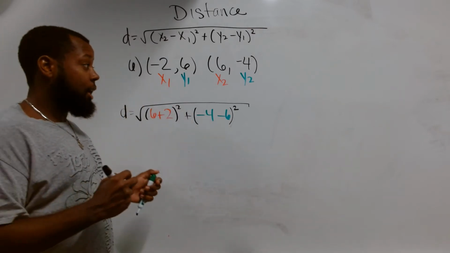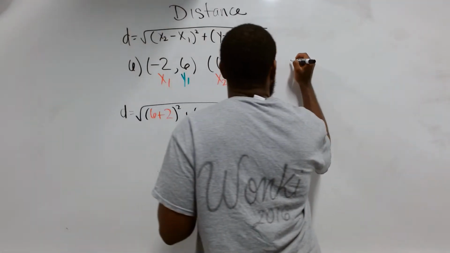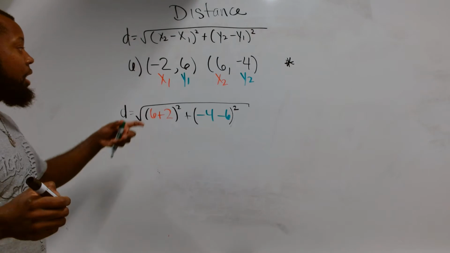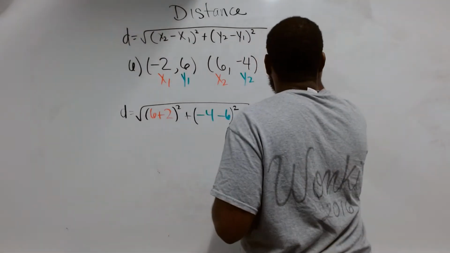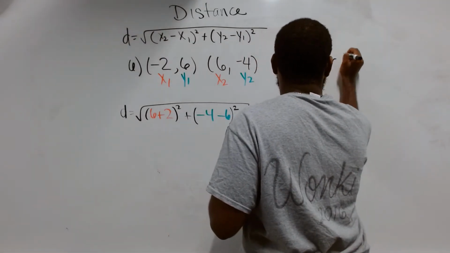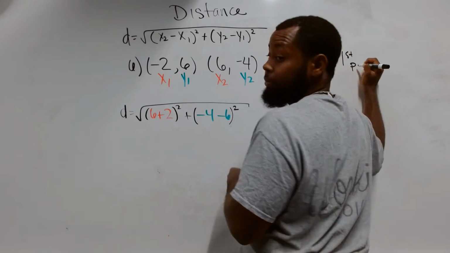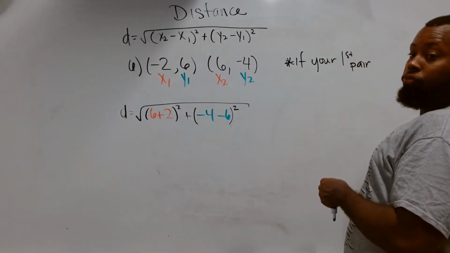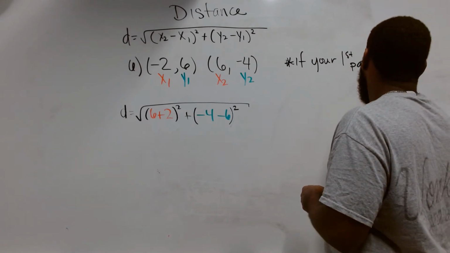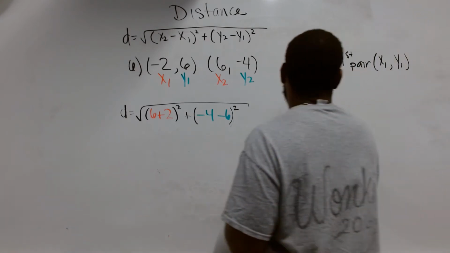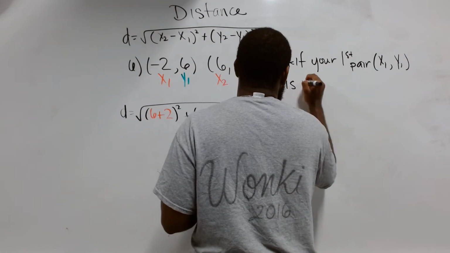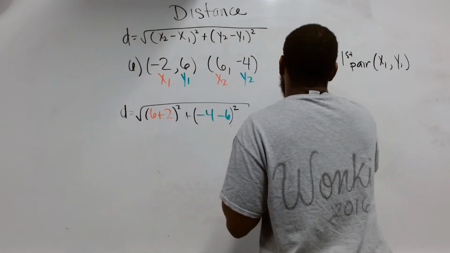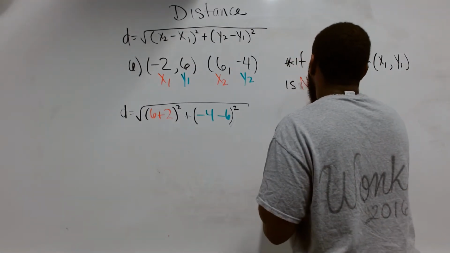Now, I'm going to make a side note. Make sure y'all can see that. Okay. If your first pair, x1, y1, is negative, let me write that in another color to stress it out.